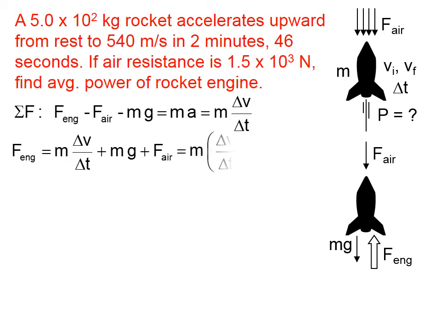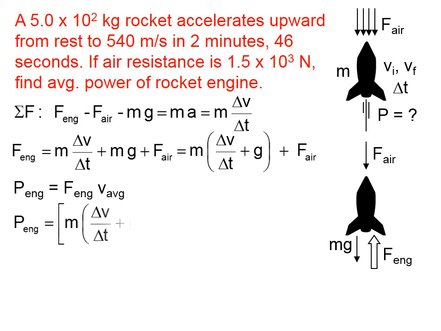I'll go ahead now and factor out an m from the two terms that I can factor an m out of, and then the power is equal to the force times the speed. That was one of the equations for power that we talked about last time. I'm going to put in square brackets the engine force, and then on the outside I'm going to carry down this average speed.